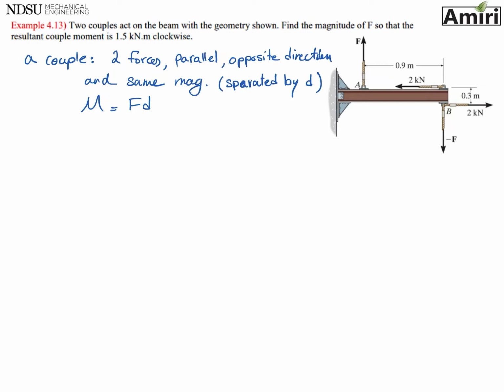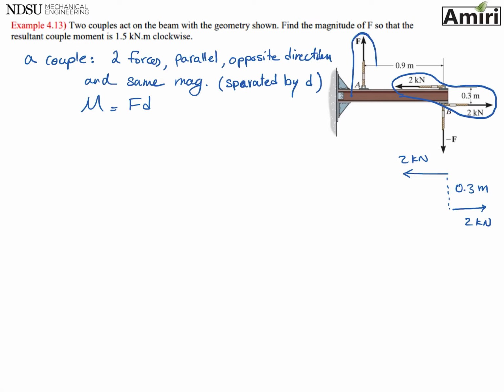So when we look at this problem, we see two couples. We see these two. So we have a 2 kilonewton, another 2 kilonewton, that they are separated by a distance d of 0.3 meters. So that's couple 1.